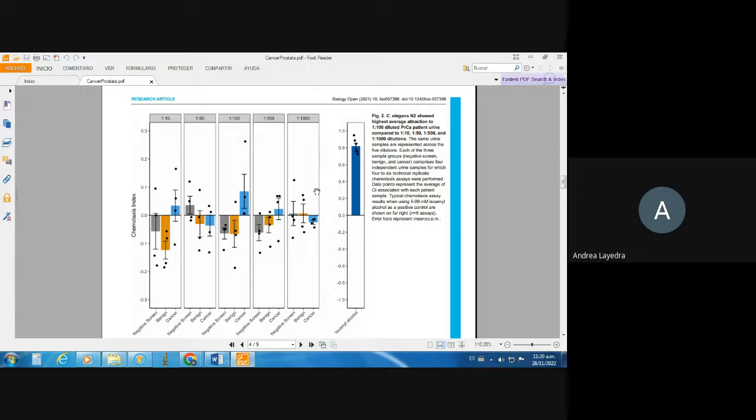And when it is a positive value, it means that there is attraction to the volatile compound. So this urine dilution was used for all subsequent chemotaxis assays on patients' samples.